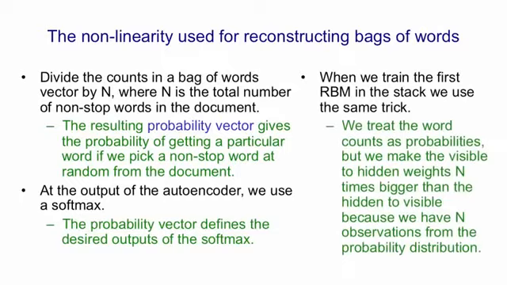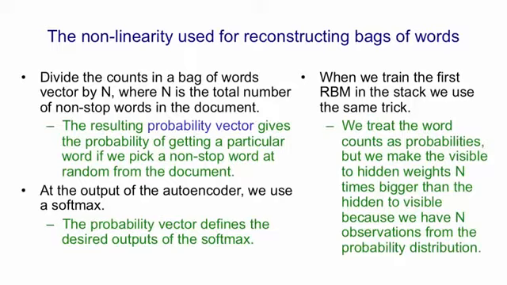We treat the word counts as probabilities when we're reconstructing them, but when we're using them to activate the first hidden layer, we multiply all the weights by n, and that's because we have n different observations from that probability distribution. If we left them as probabilities, the input units would have very small activities and wouldn't provide much input to the first hidden layer.